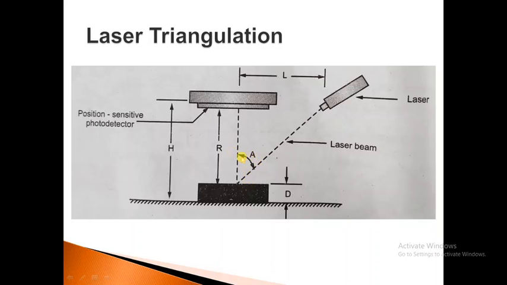The angle A of the beam direction at the object and the distance H are fixed and known, and the photo detector is located at a fixed distance above the work table.